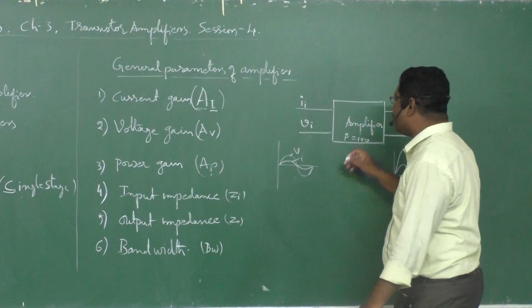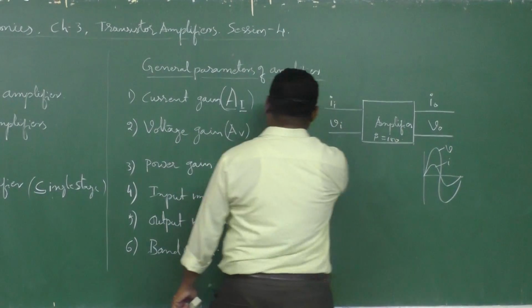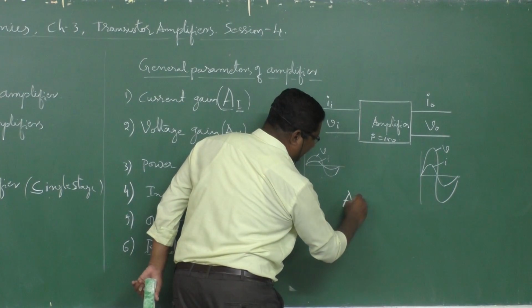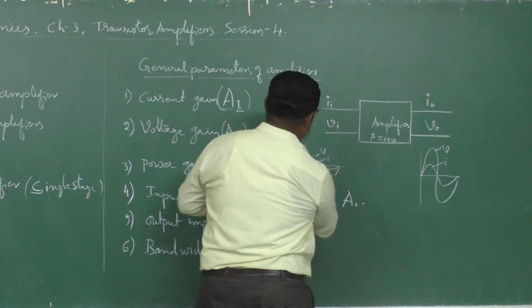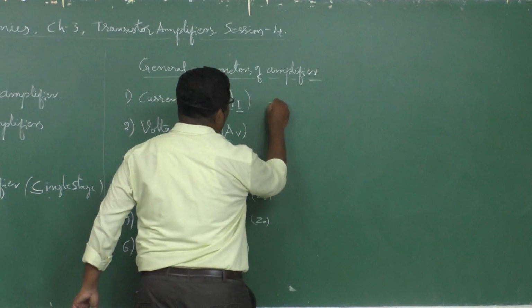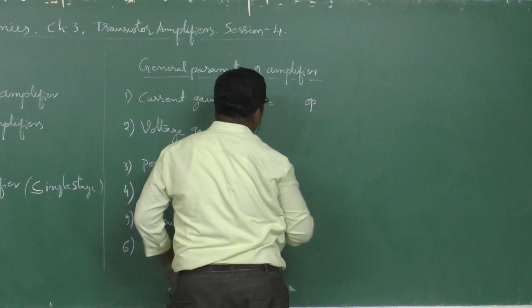Like that we calculate the current gain. So AI, the current gain, is equal to the output current.